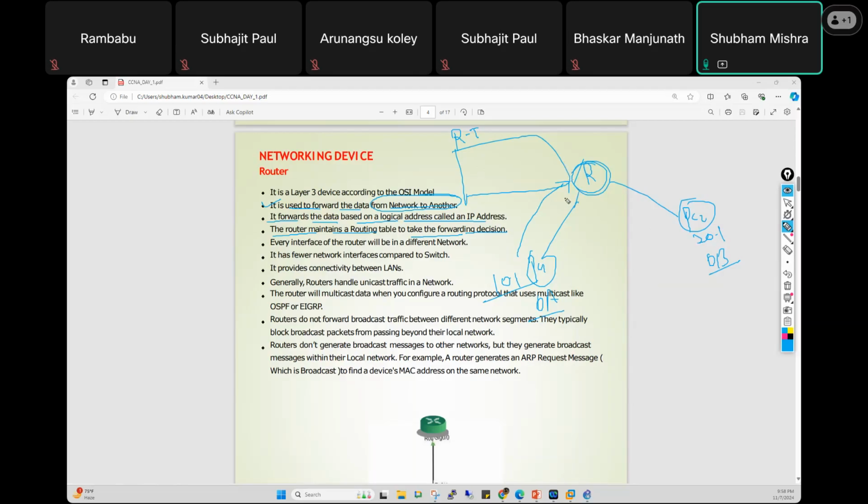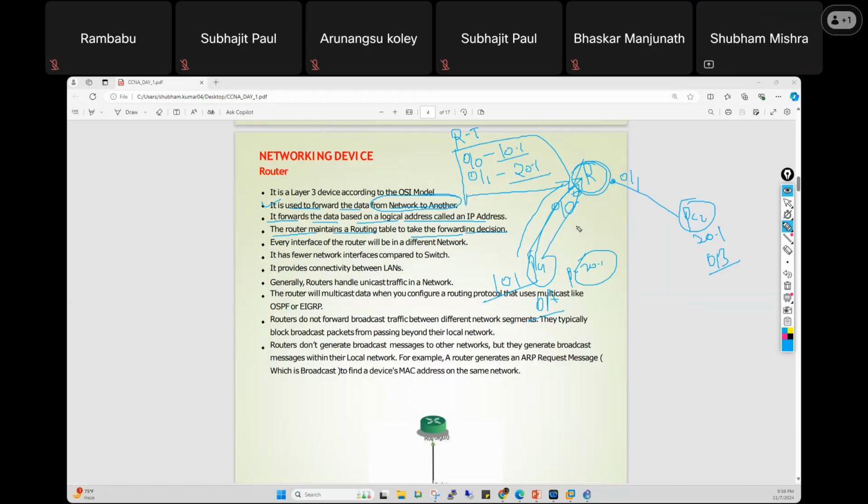For example, this is interface 0/0 and this is interface 0/1. The router makes an entry: on 0/0, 10.1 is connected, and on 0/1, 20.1 is connected. So whenever any packet reaches the router, for example if you write ping 20.1, the packet will reach here. What will the router do? The router opens this packet and checks the destination IP address.